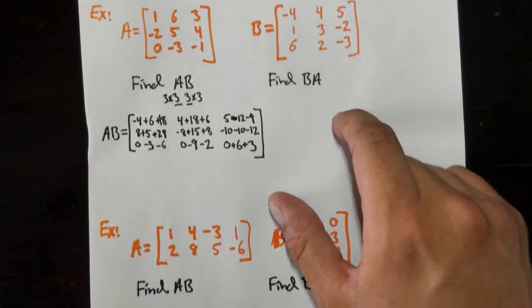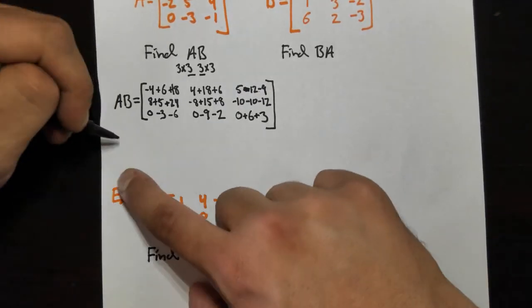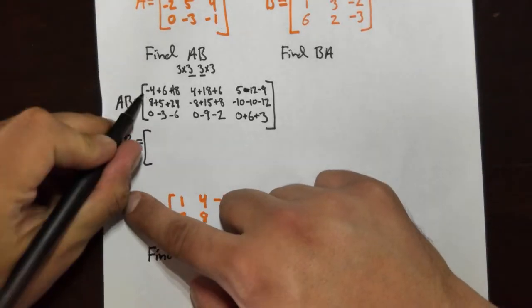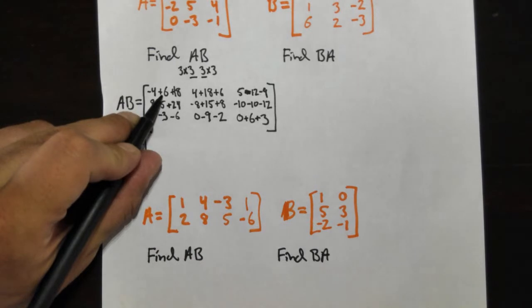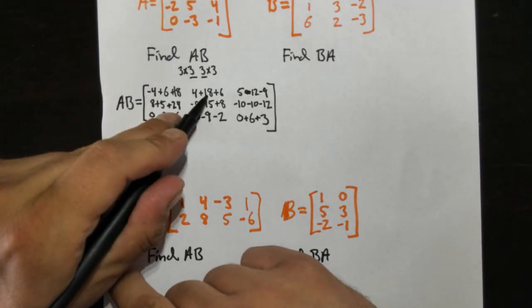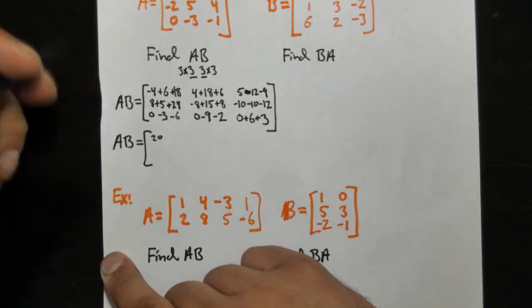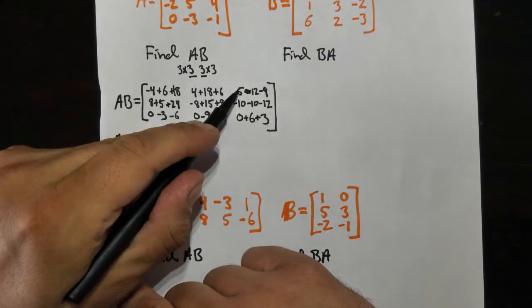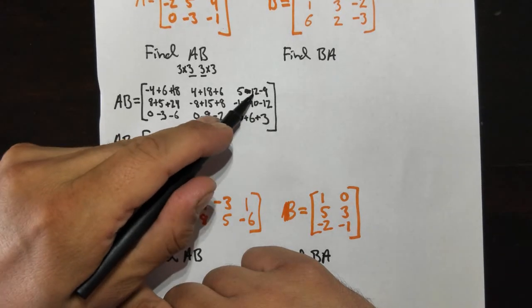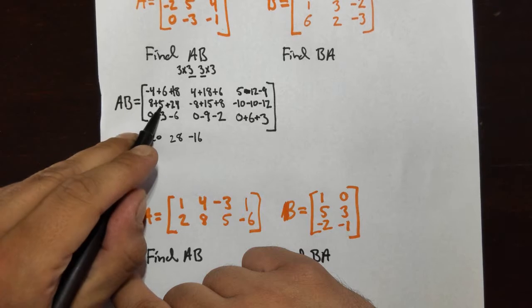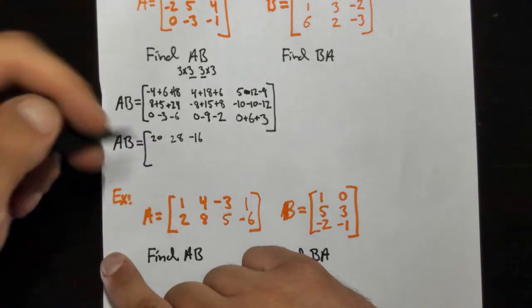So now we can just simplify. Negative 4 plus 6 is 2, plus 18 is 20. 4 plus 18 is 22, plus 6 is 28. 5 minus 12 minus 9, let's see, that's going to be negative 7 minus 9 is negative 16. 8 plus 5 is 13, plus 24 is 37.